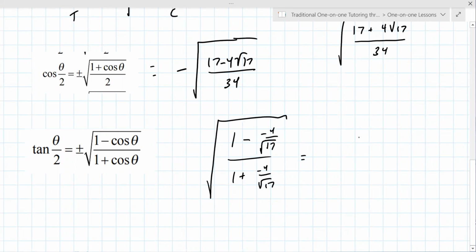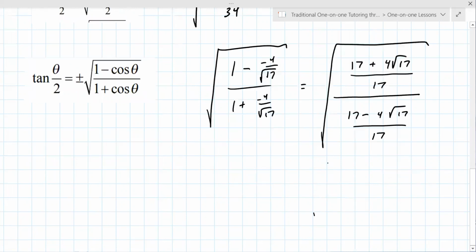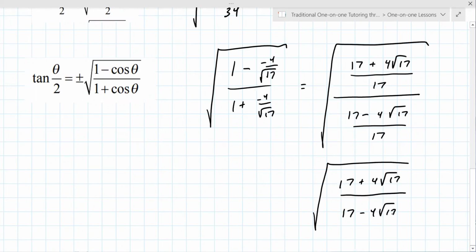So this is like 17 plus 4 square root 17 over 17, all over 17 minus 4 square root 17 over 17, square rooted. You can see that the bottoms cancel. In my opinion, this isn't really all that simplified. It just looks nicer. In the second quadrant, tangent is negative.